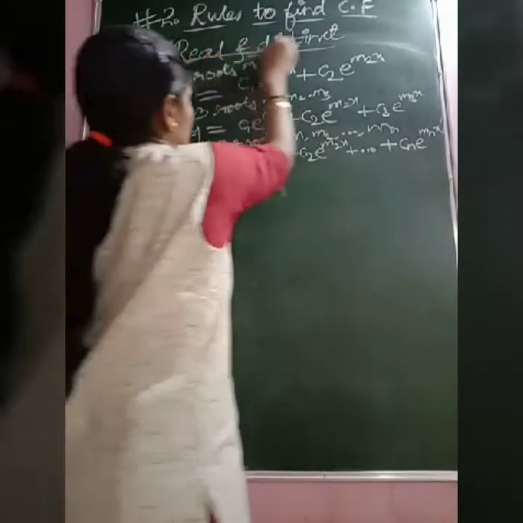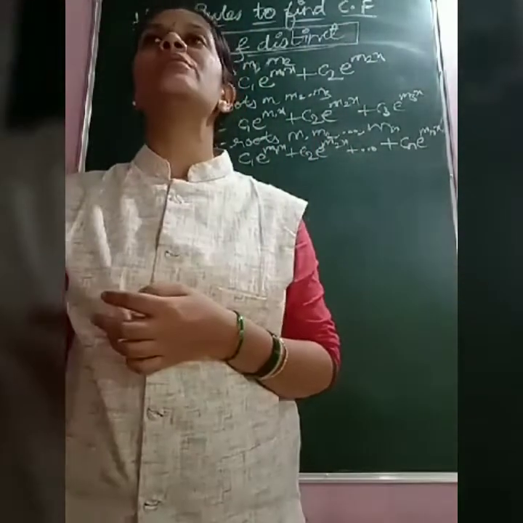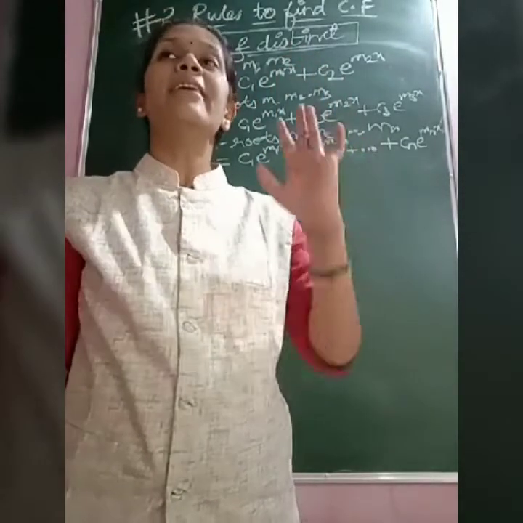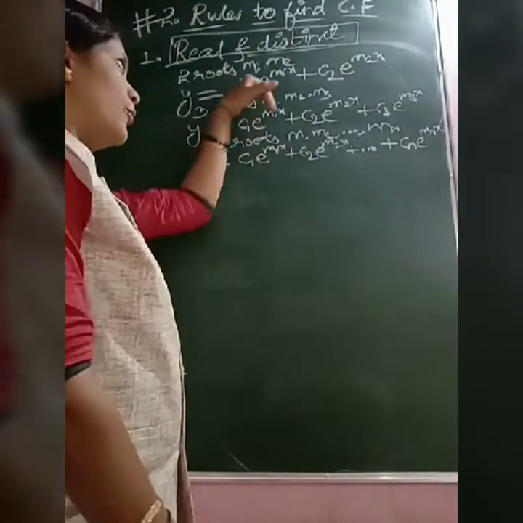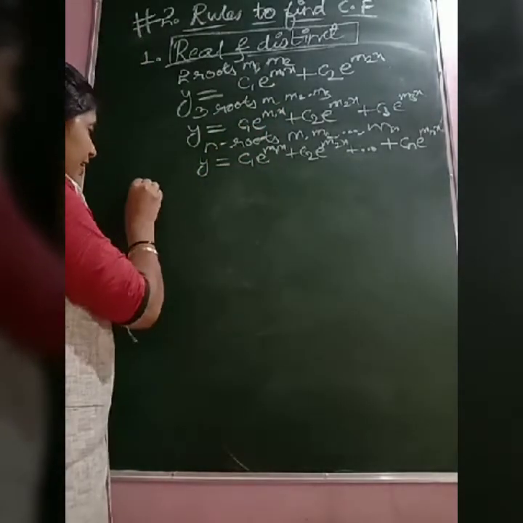So this is for case 1, real and distinct. If the roots are real and distinct, then our complementary function is written in this form based on the number of roots.